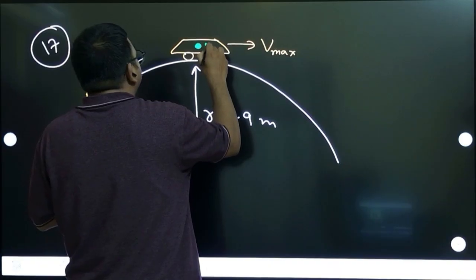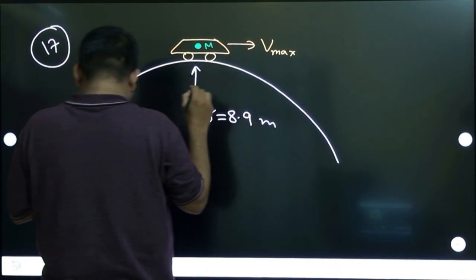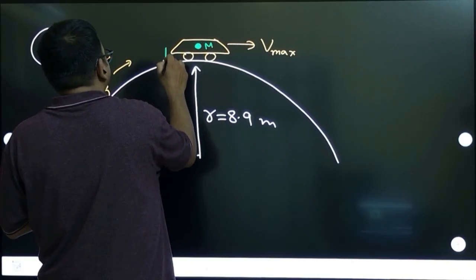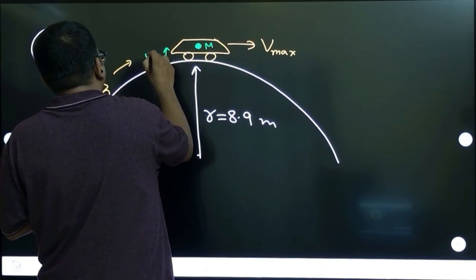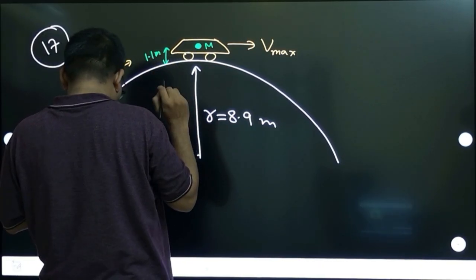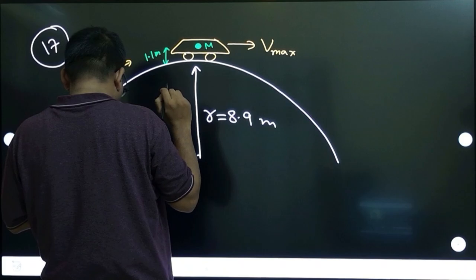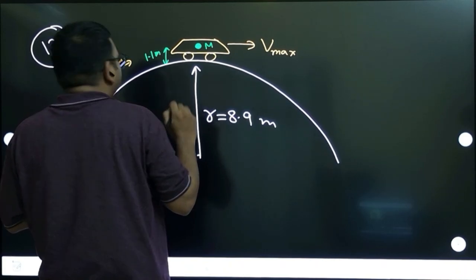Mass is somewhere here, m, which is at a distance from the ground, meaning from the bridge. This height will be 1.1 meters. G we have to take as 10.